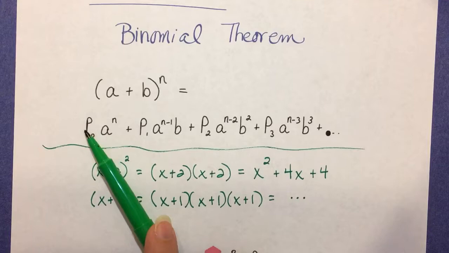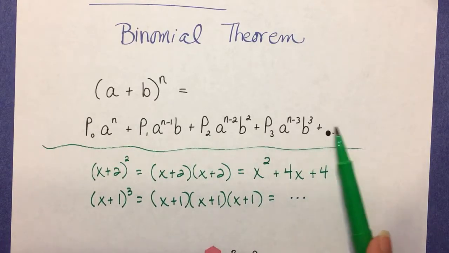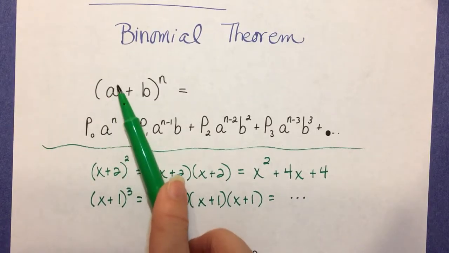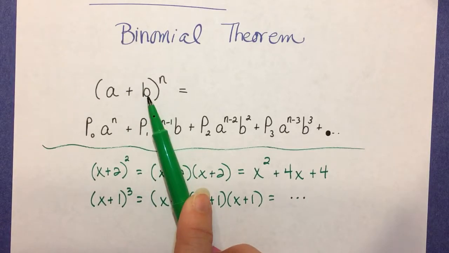The p's that you have, the p sub 0, p sub 1, p sub 2, p sub 3, of course, this could keep going depending on how many terms you're supposed to have. Those are going to be numbers you get off of what's called Pascal's triangle, so I'll show you those in just a minute. You're also going to have to know A and B. A is always going to be whatever your first term is. B is always going to be what your second term is, okay?